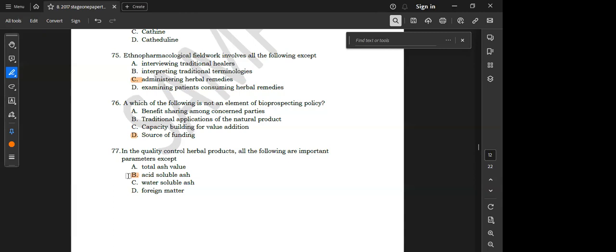Whatever remains as the residue becomes the water insoluble ash, and whatever goes into the water is water soluble ash. So I don't know if it's acid insoluble or acid soluble, but again, it is usually an inorganic part. I'm not sure whether it's insoluble or soluble. Someone can help us understand. My answer here would be D.